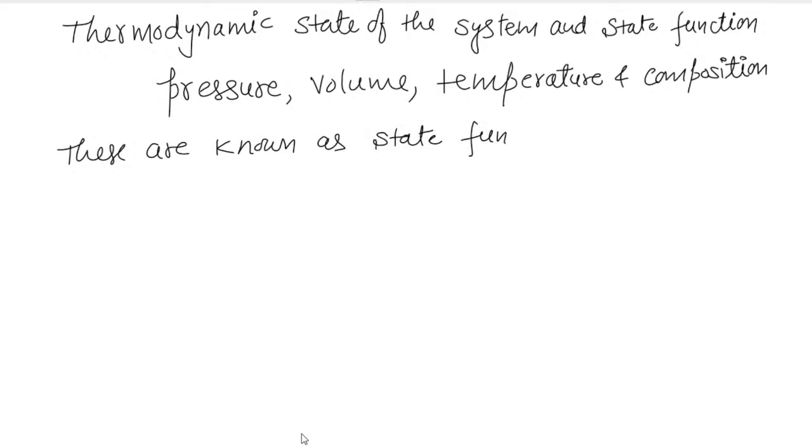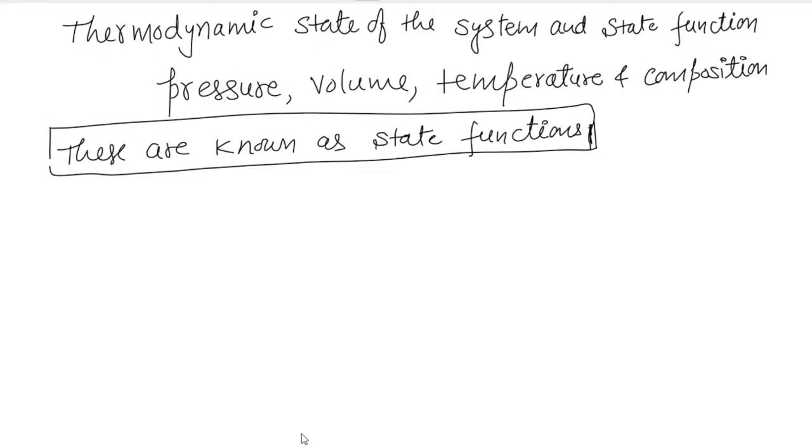To define any state, we define its pressure, its volume, its temperature and composition. Out of these four, we have to define three, and the fourth is automatically fixed.